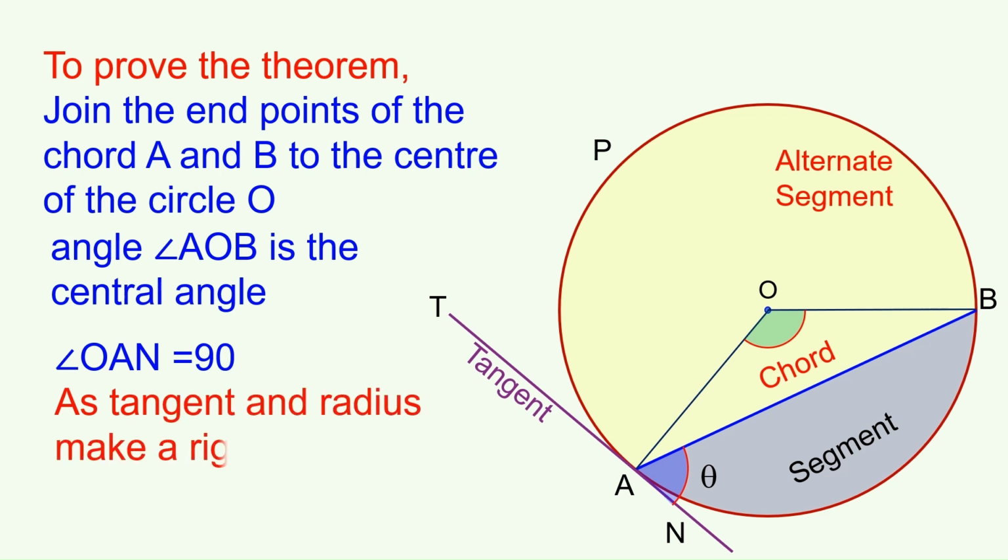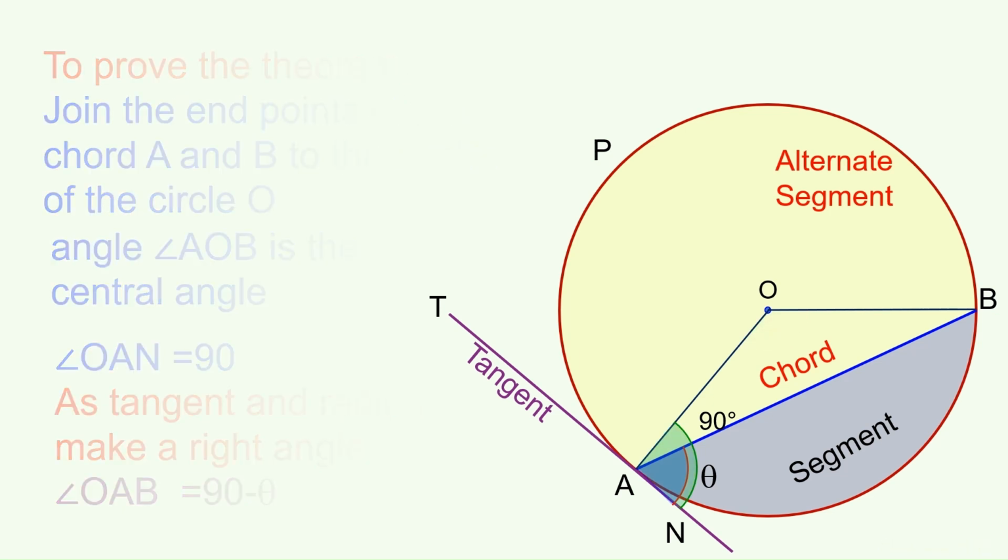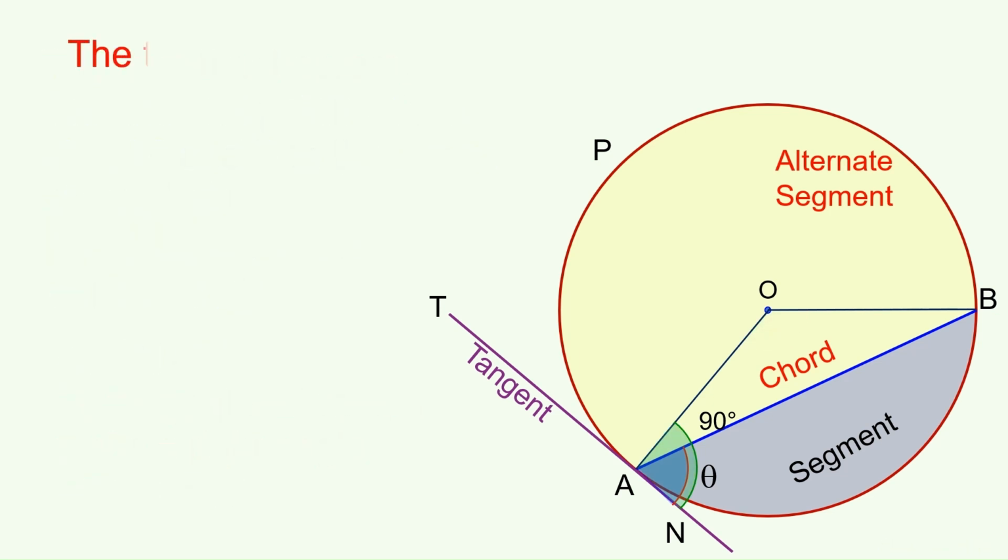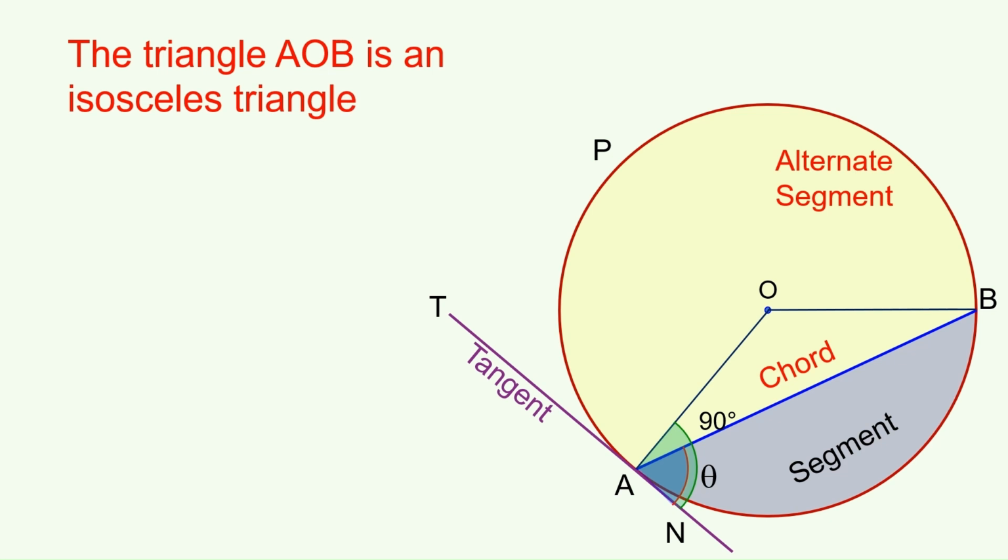Angle OAN equals 90 degrees, as tangent and radius make a right angle. Therefore, angle OAB equals 90 minus theta. The triangle AOB is an isosceles triangle.